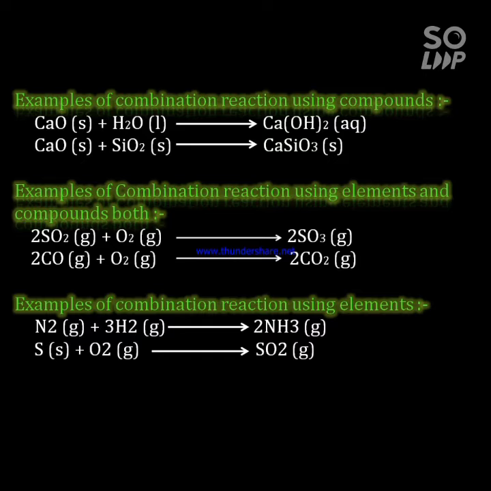And when they are combining with each other, they are forming one single compound, ammonia and sulfur dioxide respectively. Third example is magnesium combining with oxygen to form magnesium oxide. Hydrogen combining with oxygen to give water.